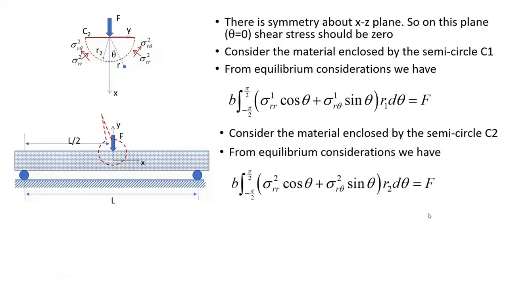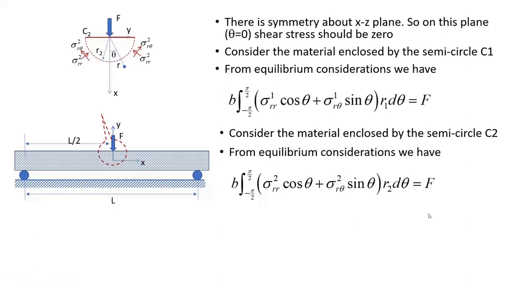Again, from equilibrium consideration, we can write this equation, which is almost similar to what we saw earlier, but here the stress components are sigma rr 2 and sigma r theta 2, and R2 is used here, and theta varies from minus pi by 2 to plus pi by 2.